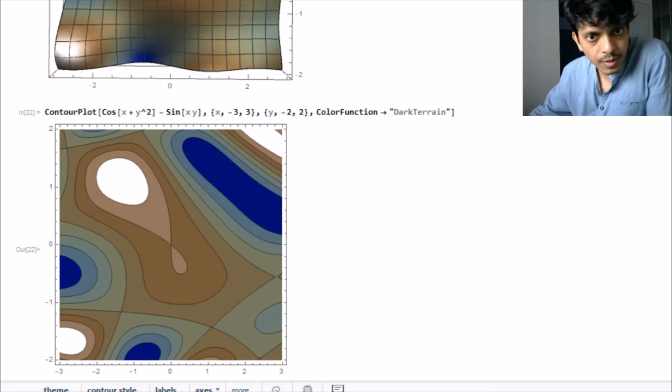But if you go in this direction, then at least just by looking at it by eye, it seems that this is the direction in which the increase or the decrease is the fastest. So for this particular function, if I was sitting at this point, then the direction of the gradient would be in this direction.